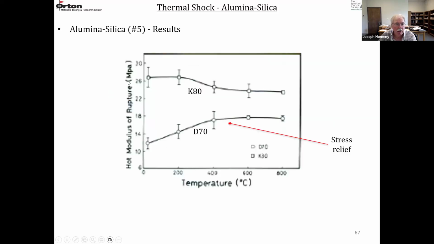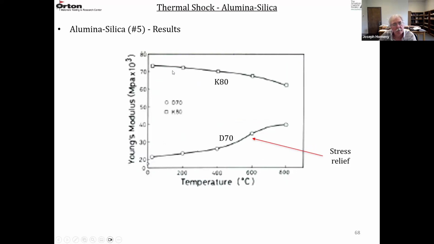So if you plot hot MOR versus temperature, this is D70. There's this increase because there's stress relief, most likely a plastic or glassy phase forming. And then the K80, 80% alumina has a gradual strength loss.